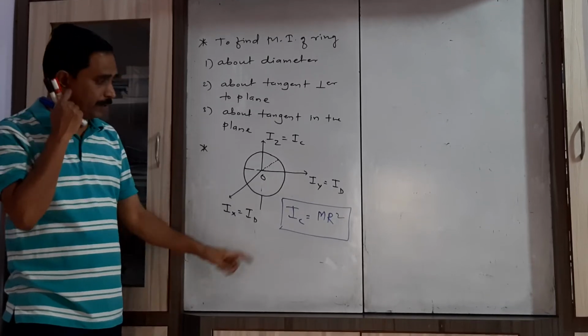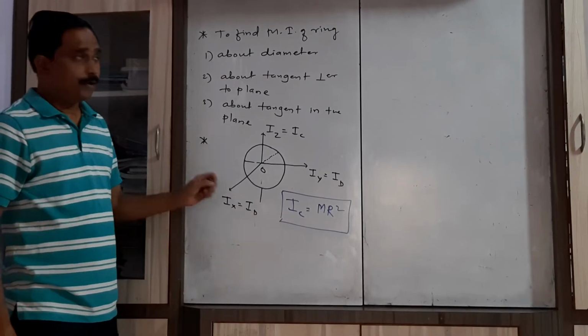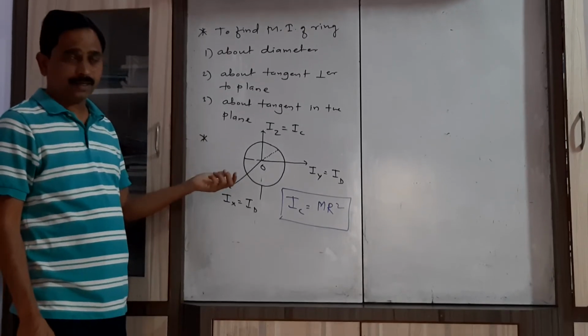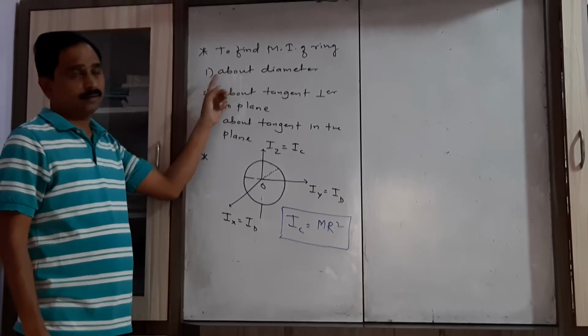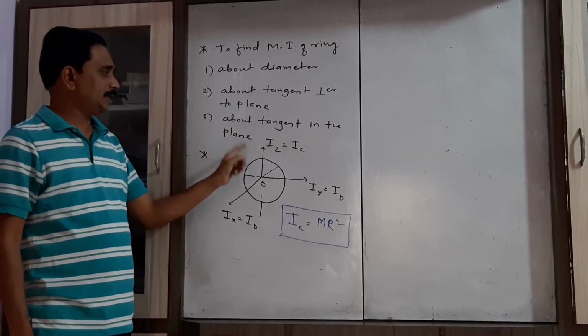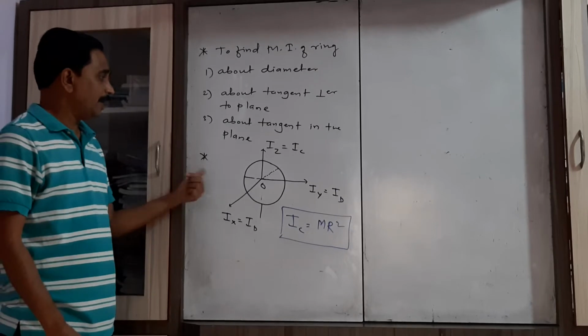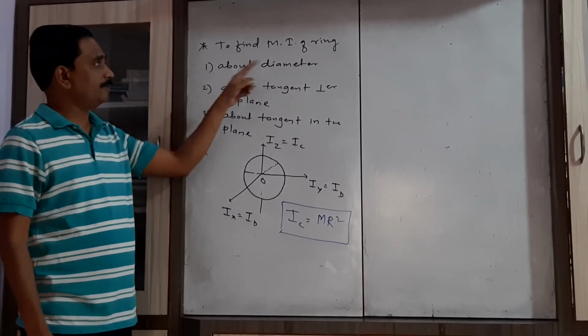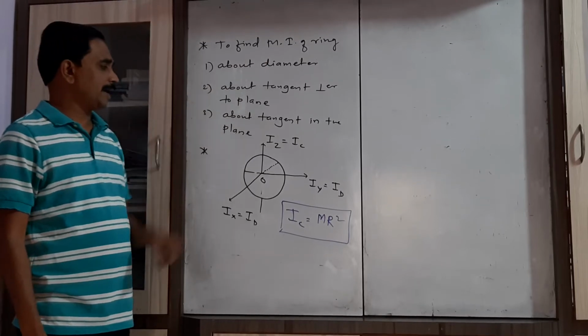It means, assuming this formula, we have to obtain the moment of inertia of the same object, but about a diameter, about a tangent perpendicular to the plane and about a tangent in the plane. So let us consider the first case: if you want to find the moment of inertia of a ring about a diameter.